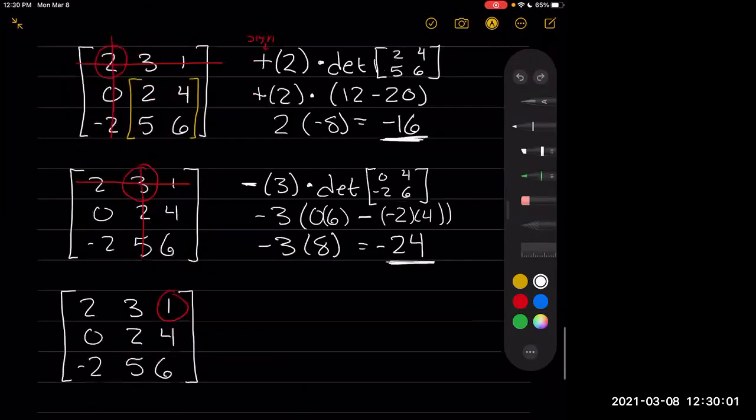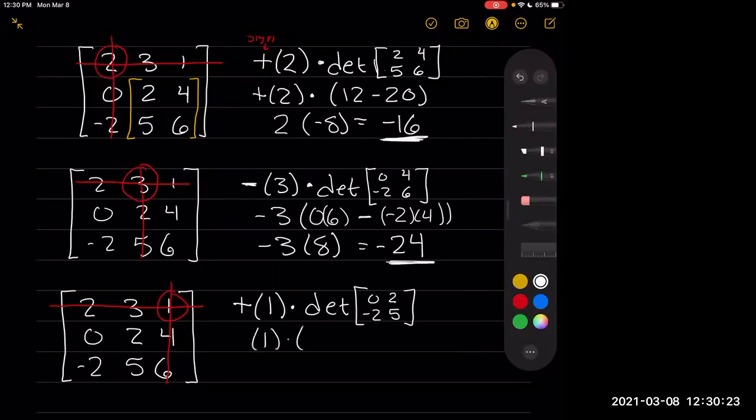So we're going to do +1 times the determinant of, and we need to find our submatrix by crossing out the row and column again. So our submatrix is 0, 2, -2, 5. Then we're going to have 1 times 0 times 5 is 0 minus -2 times 2. This will be 1 times a +4.